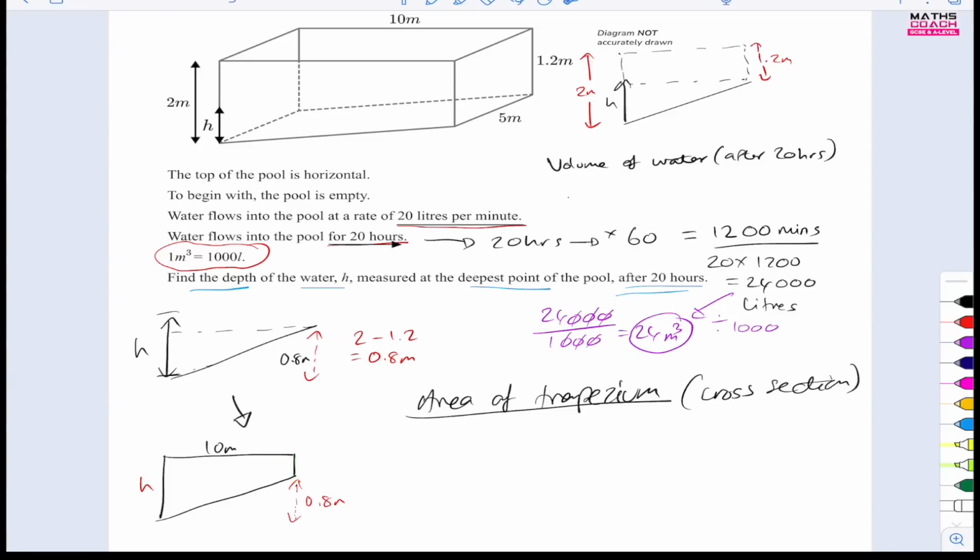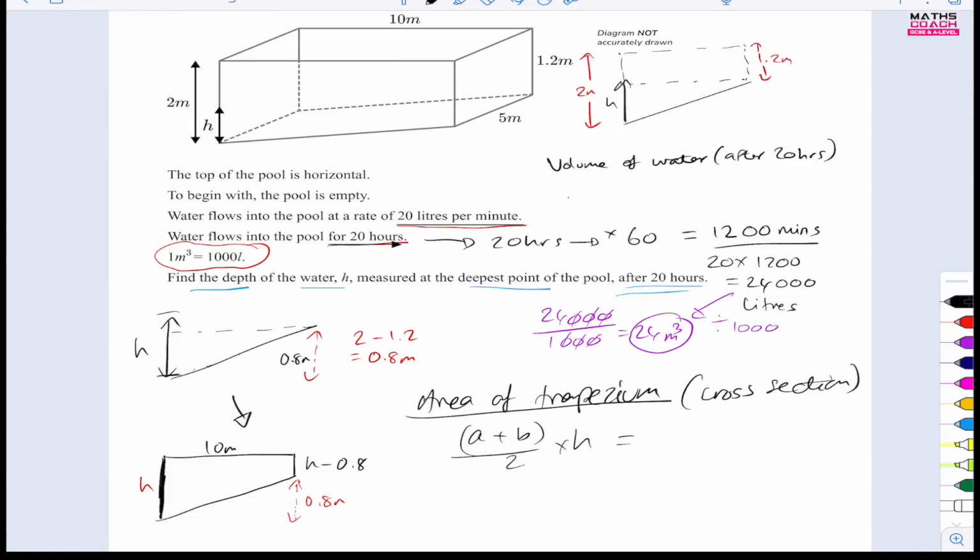Well, we know that this is H, because this is H right there. So if we do H take away 0.8, that will be just this. All right, so now we've got our 2 parallel sides. So A plus B divided by 2 times by H would be equal to our area of the cross section.